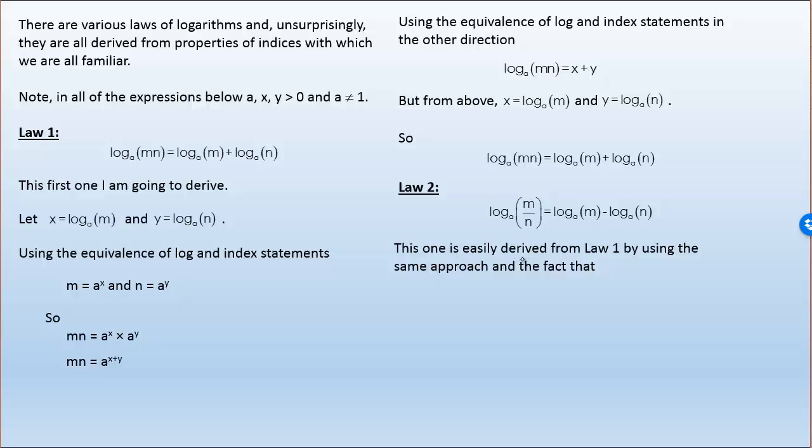This one is easily derived from law 1 by using the same approach and the fact that 1 over n is n to the negative 1. It's most easily derived, however, using law 3, which comes next. Once again, it's an important law, remember it.